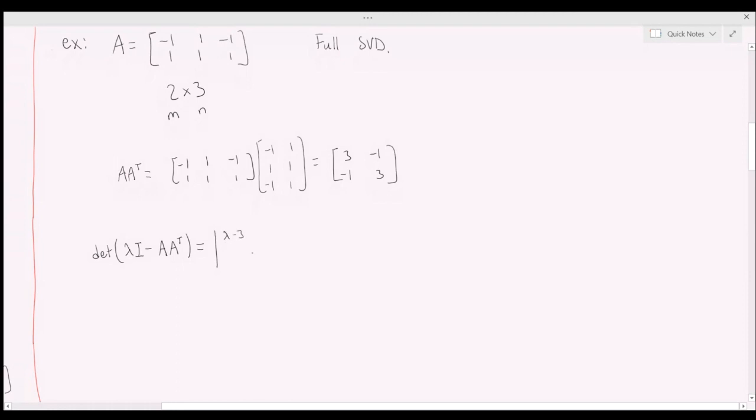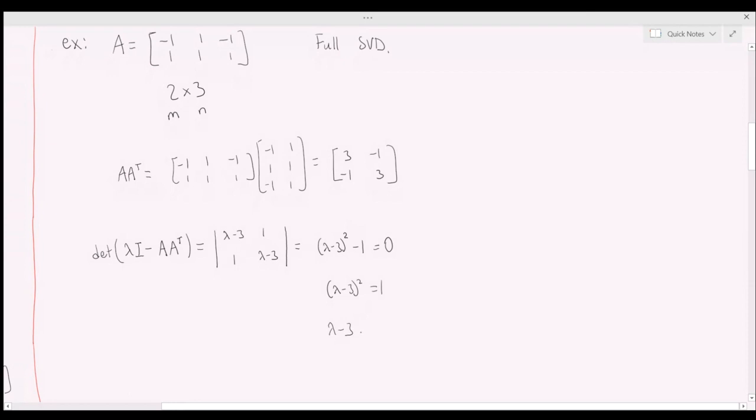So I'll get lambda minus 3 on the diagonals, 1 and 1 off the diagonal. And then here the determinant will be lambda minus 3 squared minus 1. So I'll set it equal to 0 and move the 1 over.